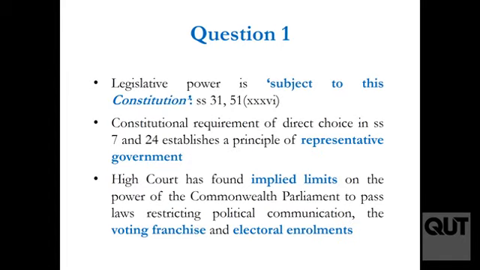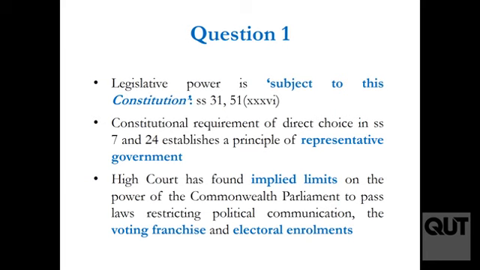Now, hopefully, again, you'll remember that both section 31 and section 51(36) contain the words subject to this Constitution. So again, that's sort of like a code because that phrase is understood as meaning subject to any limits that are imposed by the Constitution.